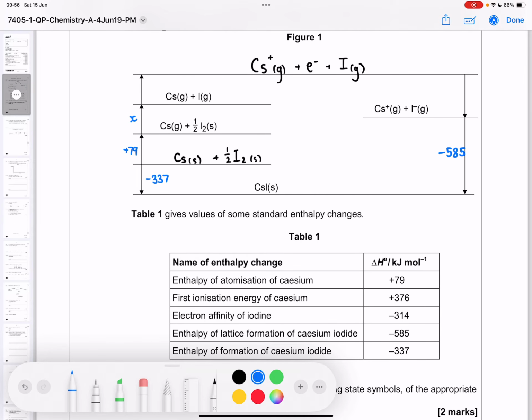So this is the first ionization energy of cesium, 376. And then coming down the other side, it will be the first electron affinity of iodine. And that's minus 314. That's a down arrow and it's a minus number. So that all feels like it's making sense. We can look at our cycle and see that all our down arrows are negative and all our up arrows are positive.